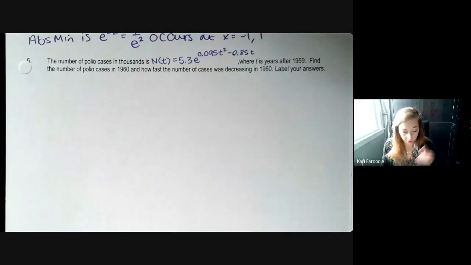That's all in the exponent. So it's 5.3 times e to the 0.095 t squared minus 0.85 t, where t is years after 1959. Find the number of polio cases in 1960.